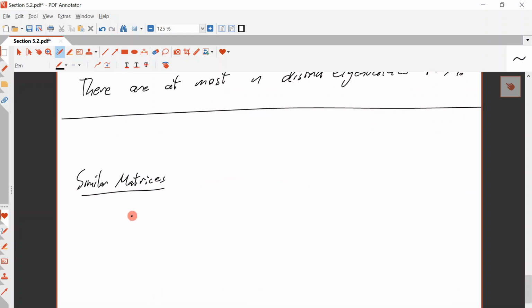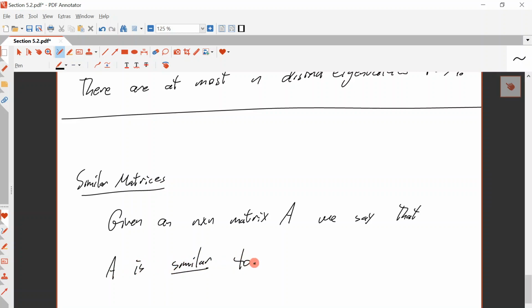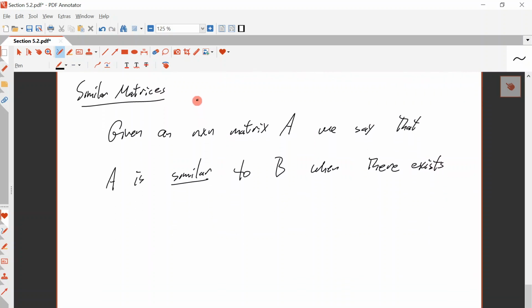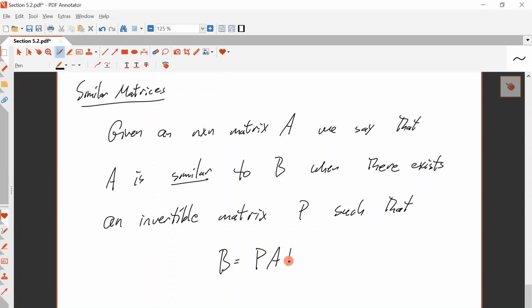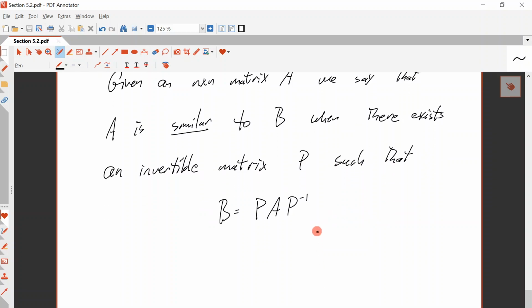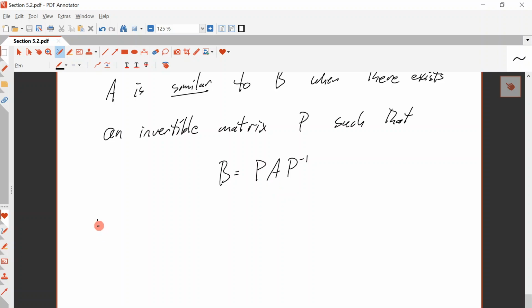For an n by n matrix A, we say that A is similar to B when there exists an invertible matrix P such that B is equal to PAP inverse.